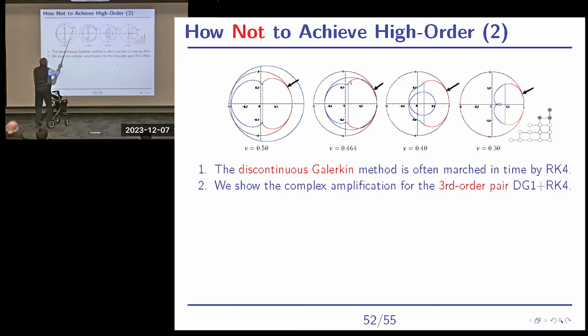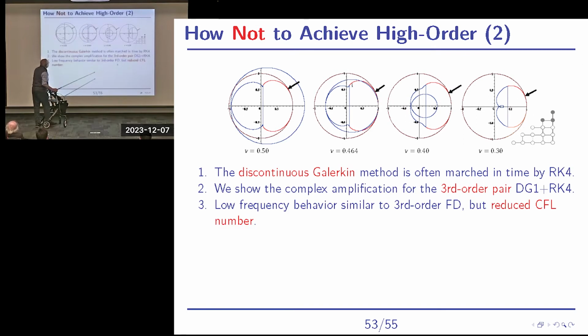We really hug that unit circle very nicely. Increase the Courant number to 0.464, and this locus has touched the unit circle again on its way out. So this is the boundary of stability. 0.4, everything is sort of okay. 0.3, even better.